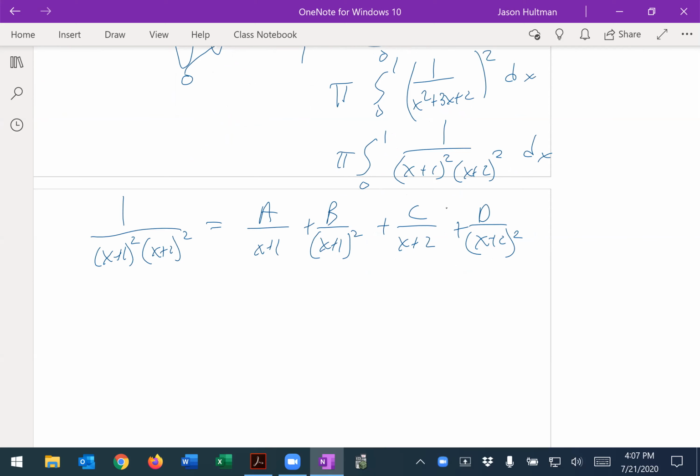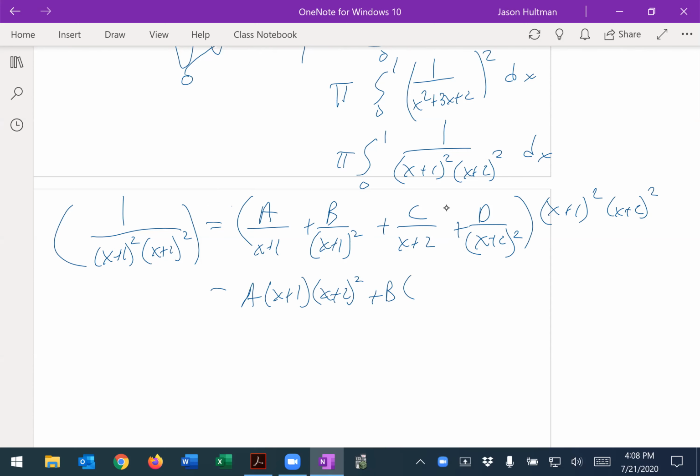The hardest part on this one is getting the partial fractions. So I'm going to multiply through by the denominator, x plus 1 squared, x plus 2 squared. It's kind of sloppy. You don't need a bx plus c when you have a linear factor.